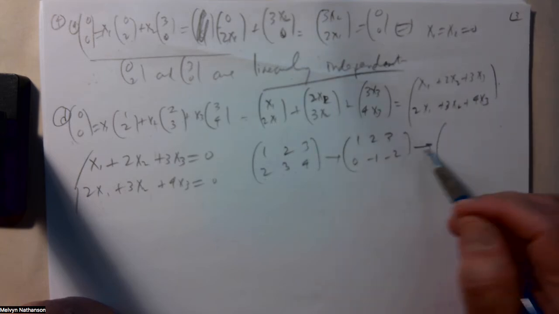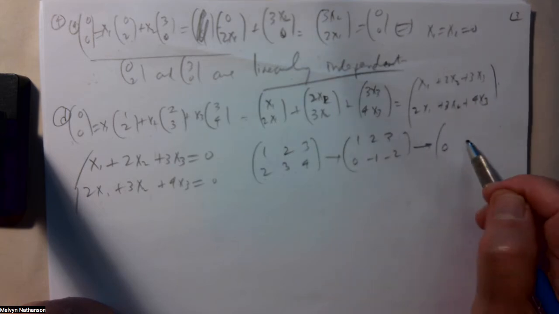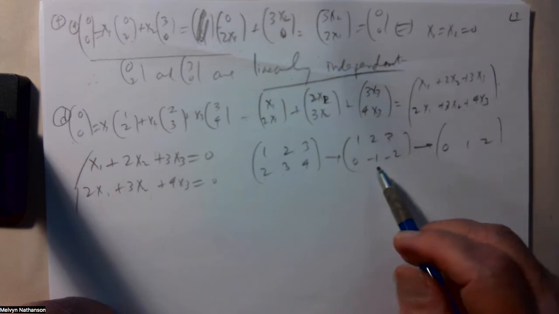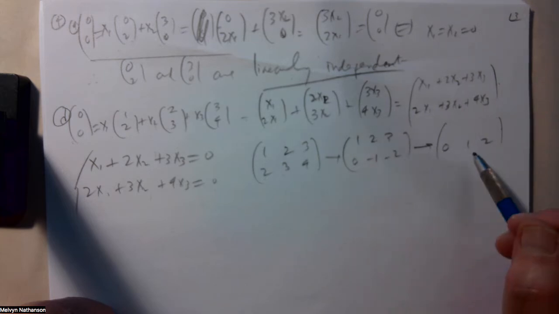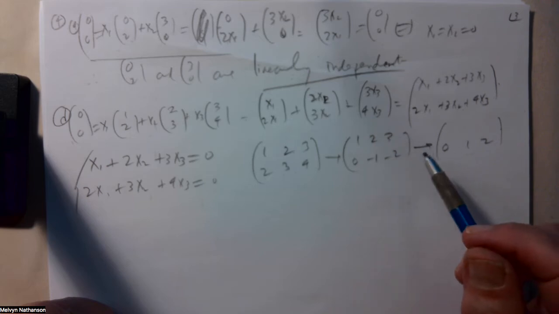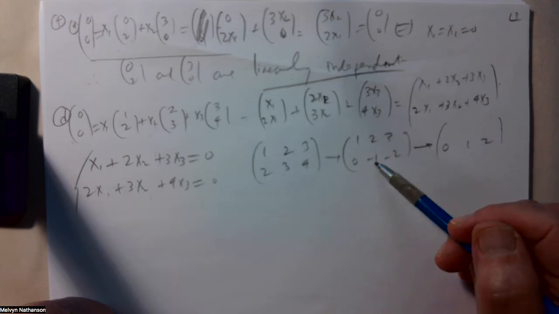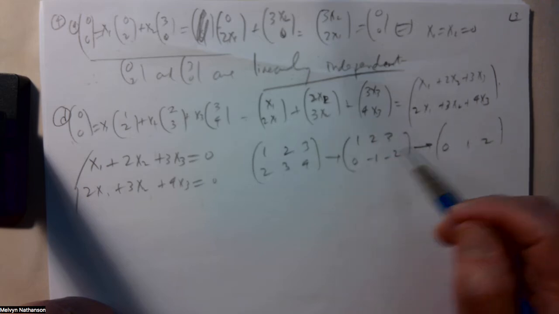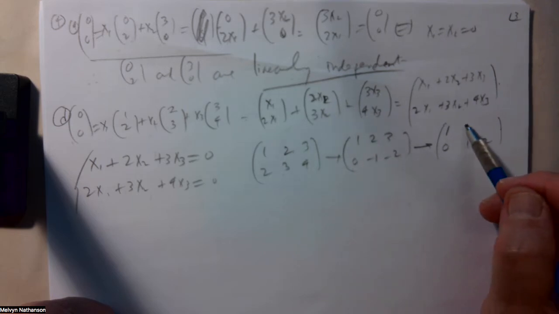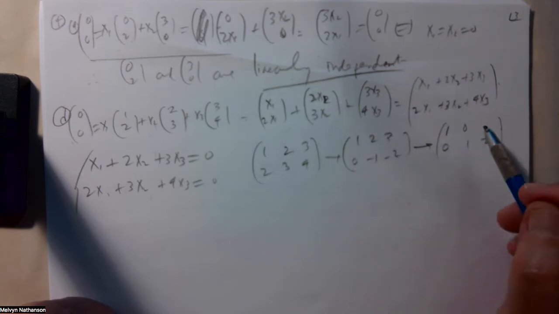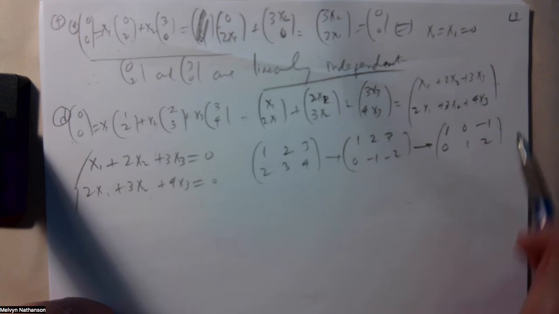And if I multiply the second row by minus 1, I have plus signs. But then if I add 2 times this row to this row, or subtract 2 times this row from this row, it's the same thing. The first row plus 2 times this row is 1 plus 0, 2 minus 2, 3 minus 4. I get this matrix, I think.